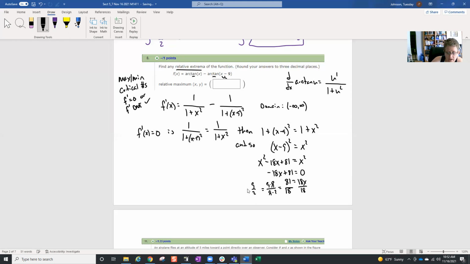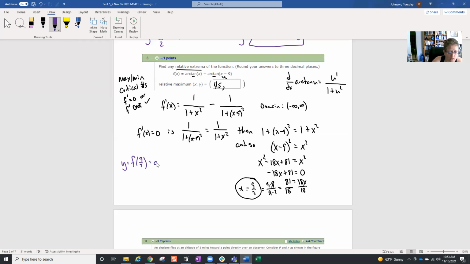And we'll get 9 halves for our x value. That was a lot of work to get there, but I stand by it. We did calculus, and then we did algebra, a whole lot of algebra. It's always the algebra.